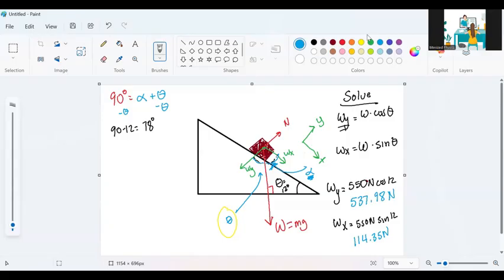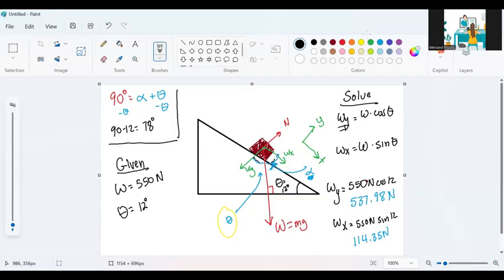Now, based on this problem, the information that was given to us was that the weight of the crate was 550 newtons. And I'm not sure if there's a period here after the 50. And then theta, or the incline, was 12 degrees from the horizontal.